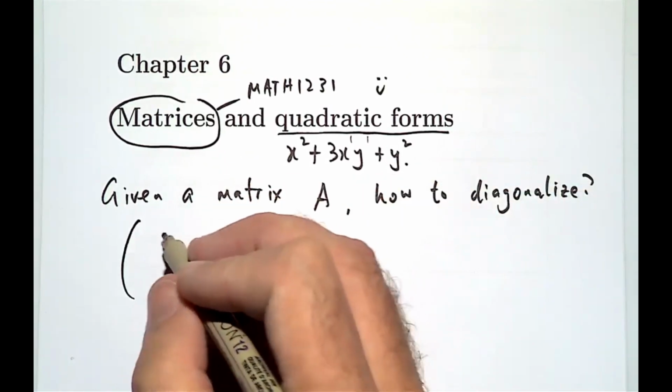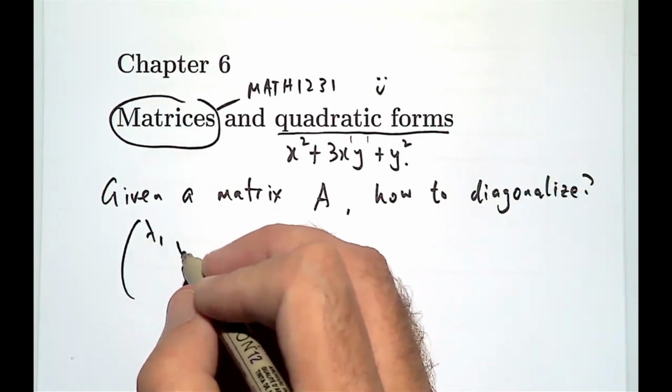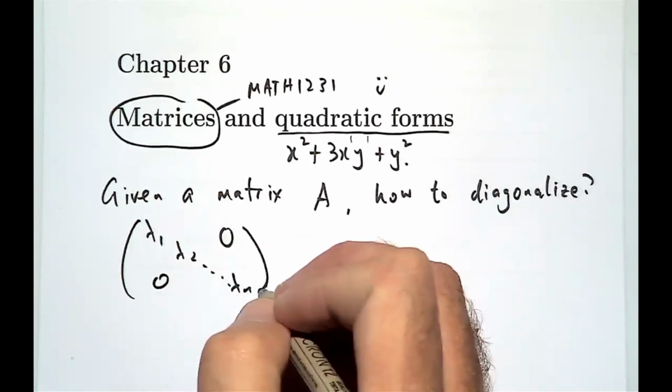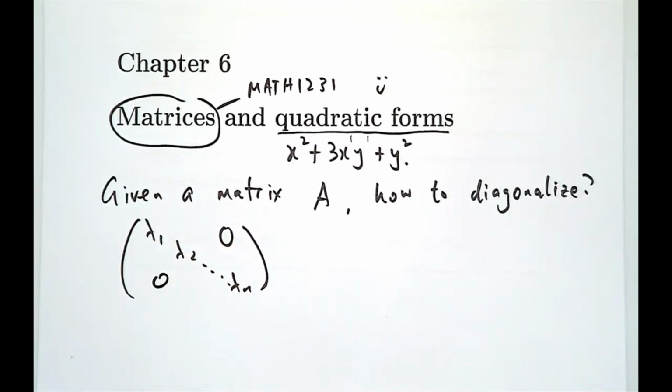So you want a form like this, right? You've got lambdas down the diagonal, and zeros everywhere else. So that form is called a diagonal matrix. But before we answer the question, why would you want a diagonal matrix anyway? Does anybody know?